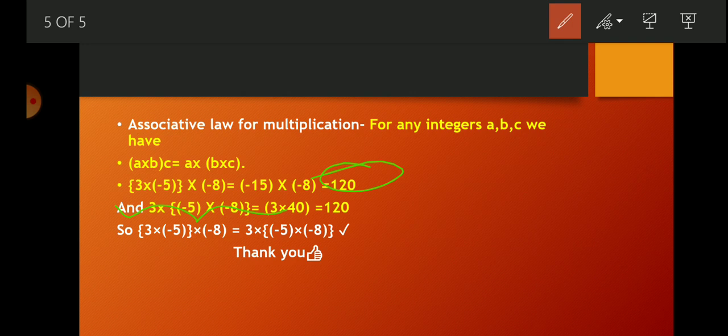And when I change the order of those numbers, I also get the same answer. That means associative law for multiplication shows again we can change the order of the numbers, and our answer will be the same. Okay, hope you all understand how we can multiply integers.